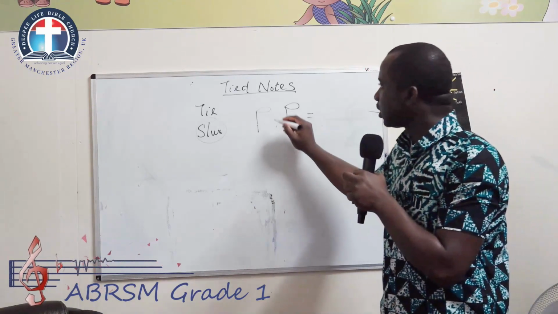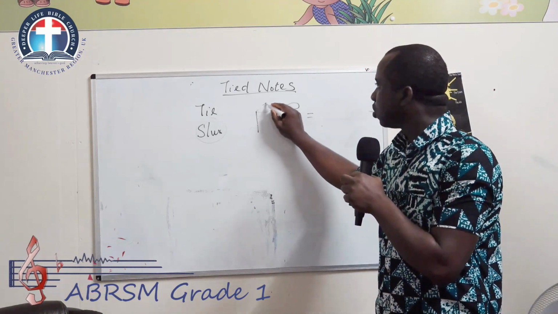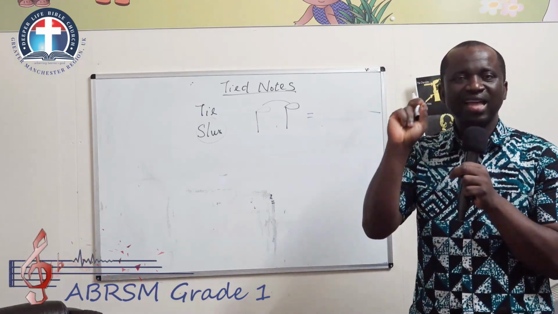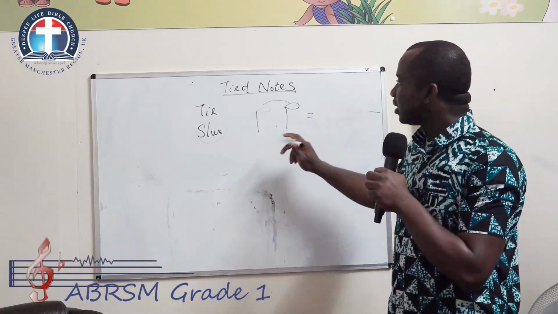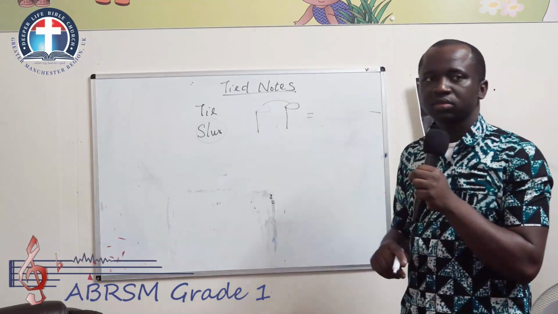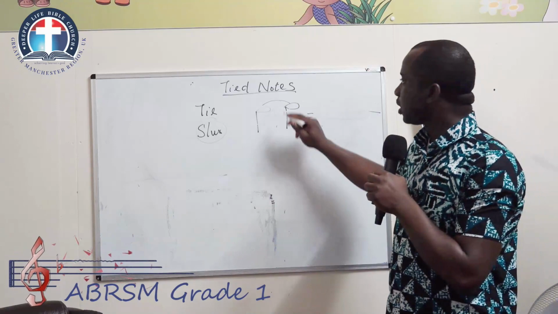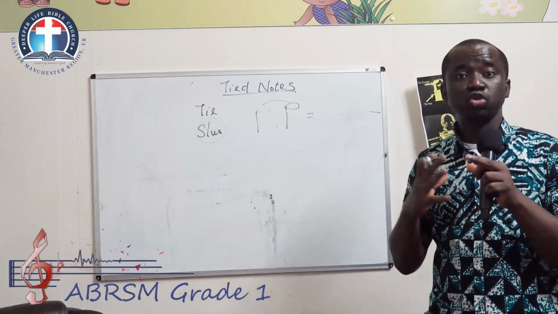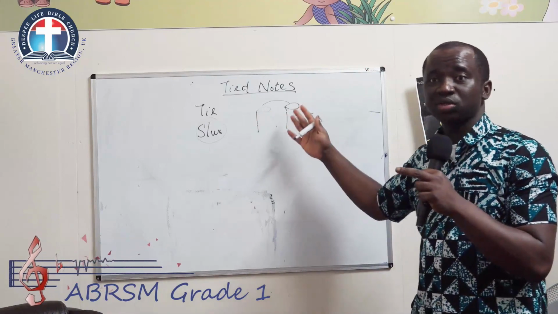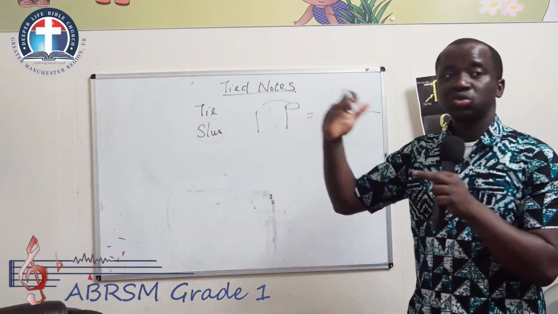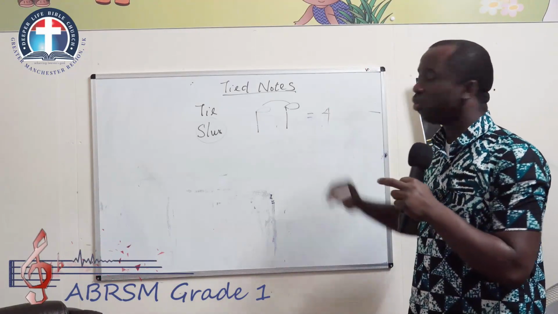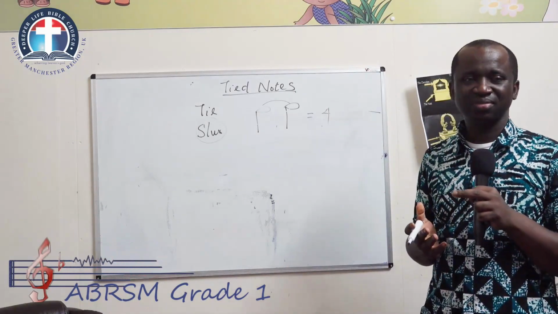But once you tie these notes together, and you should know where to put the ties, the ties can be up or under, what happens? The 2 plus 2 becomes 4. So instead of counting 1, 2 separately, you count 1, 2, 3, 4. So the value of these notes now becomes 4, which is a semibreve.